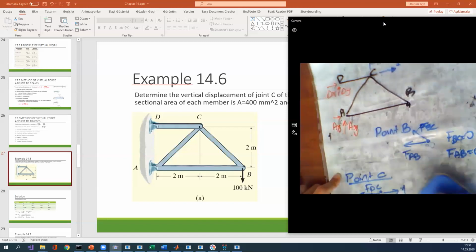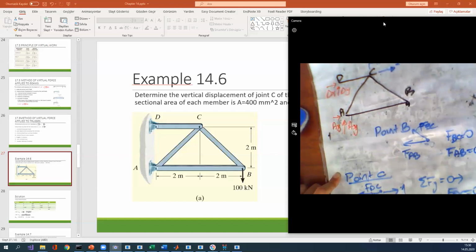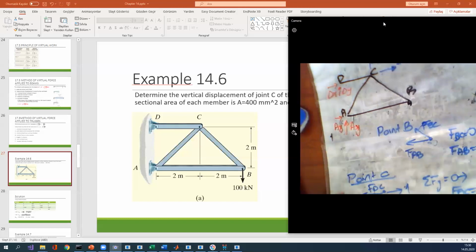You can see there's an angle of 45 degrees. Sigma Fy is equal to 0. You can see FAC is also 0. And sigma Fx is equal to 0, from which I can obtain that FDC is equal to 1. Therefore, we have only one force, FDC, which is tension.